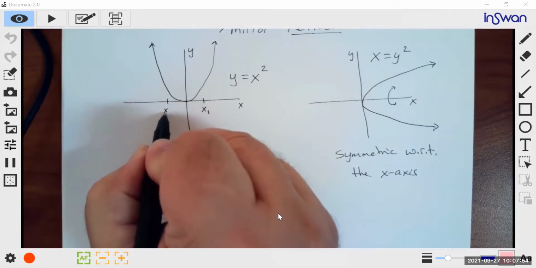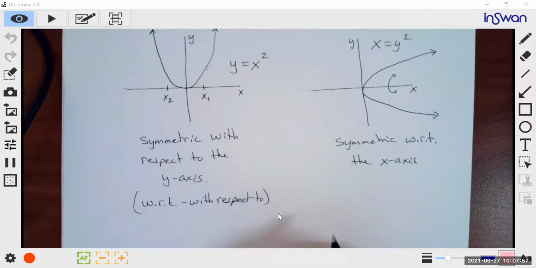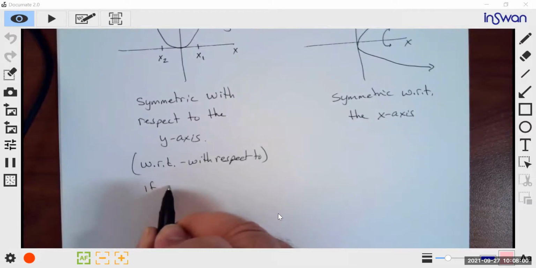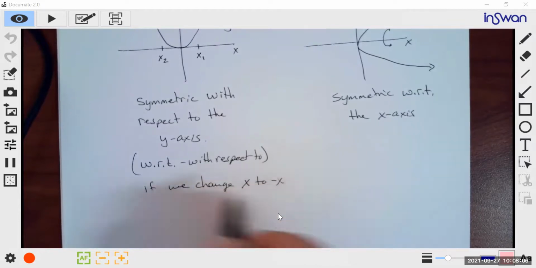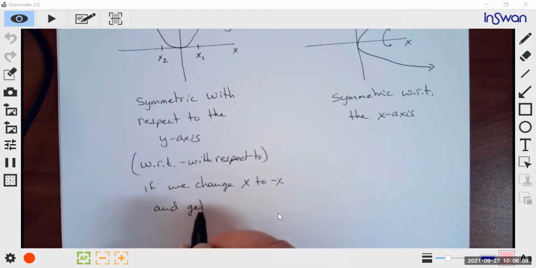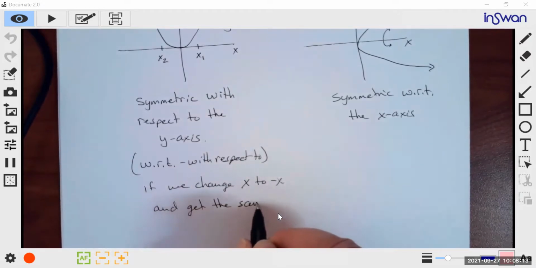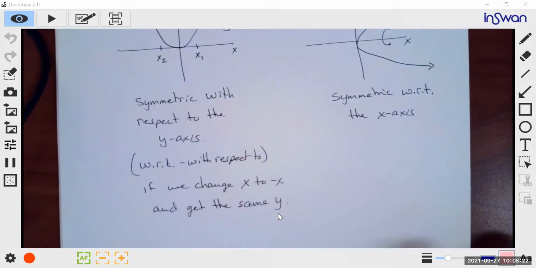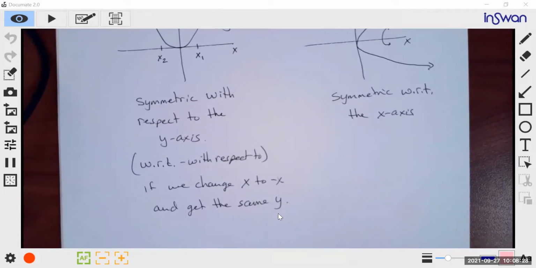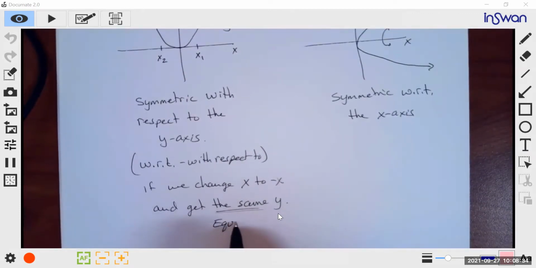If it's symmetric about the y-axis, if we change x to negative x and get the same y, whenever you get the same, we say these are equivalent equations.